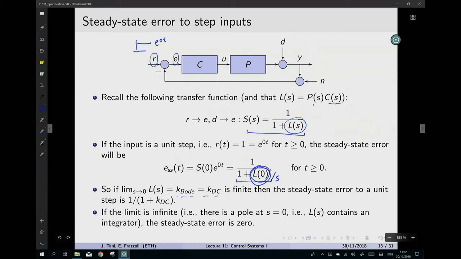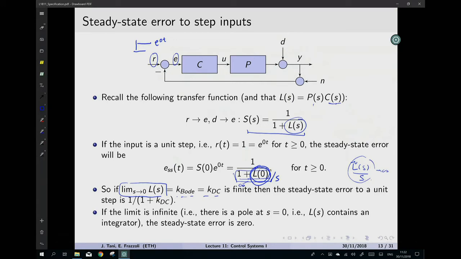Because if we were now to calculate the limit as S goes to 0 of L of S, now it's L of S divided by S, well, if S goes to 0, this term goes to infinity. If this term goes to infinity, then the whole denominator goes to infinity and the steady state error goes to 0. So this tells us something.